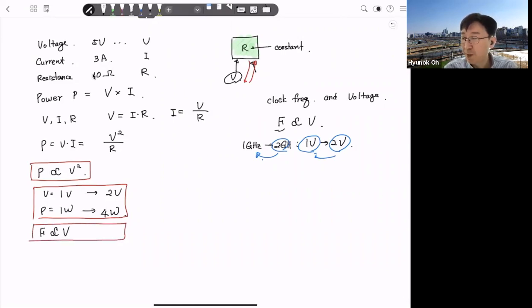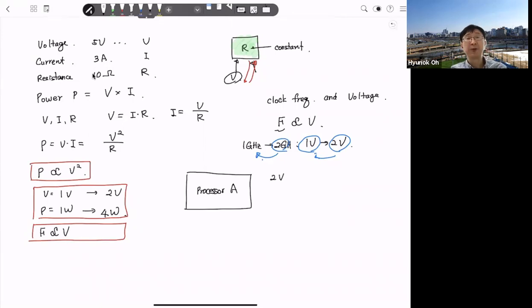Then what is happening? Let's think about it. We have some machine, processor A, and this one has a voltage of 2 volts.